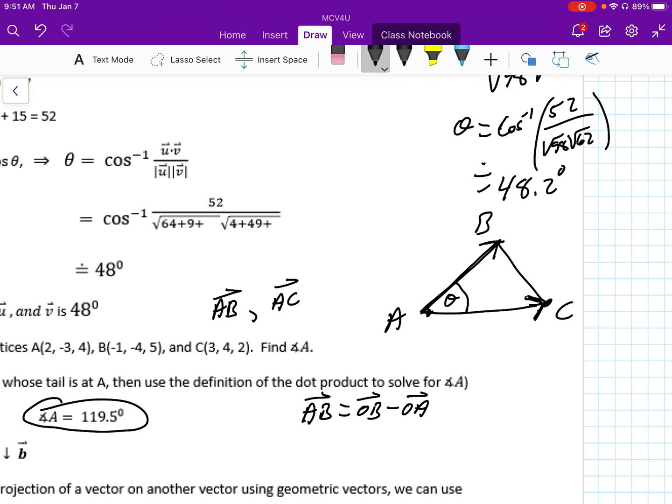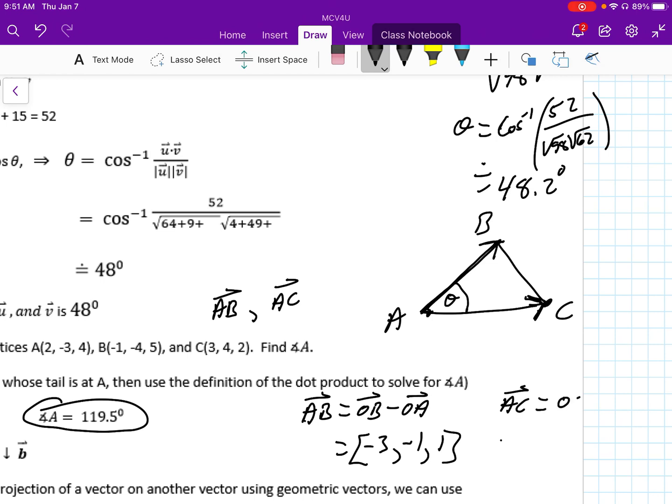We use the vector notation in this one, because it goes from the head of the second to the head of the first. So OB minus OA: you've got -1 take away 2 is -3, -4 take away 3 is -1, and 5 take away 4 is 1.